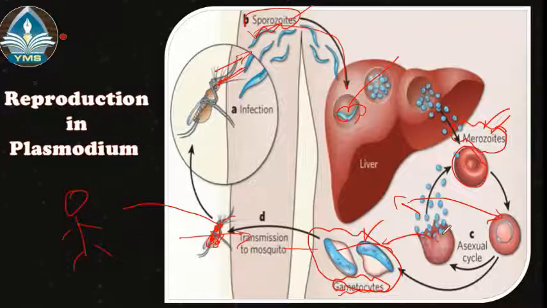Red blood cells then will burst and release merozoites, gametocytes, and poisonous substances. And this bursting of red blood cells will cause the symptoms of malaria, which are high fever, becoming very tired, and other symptoms.